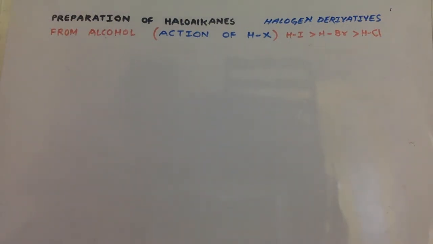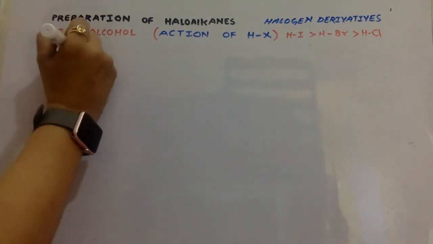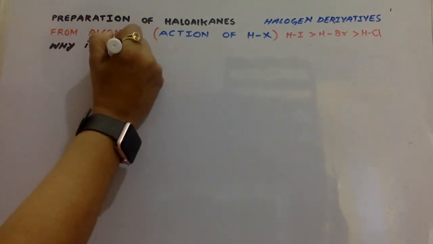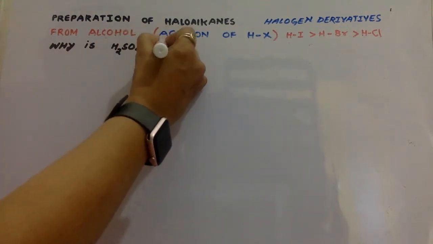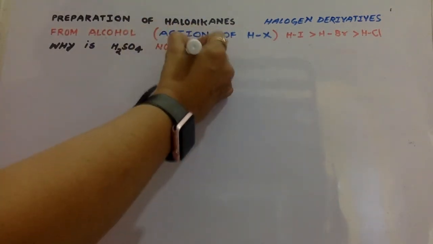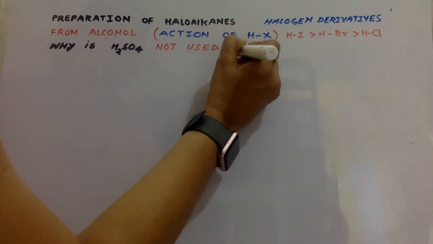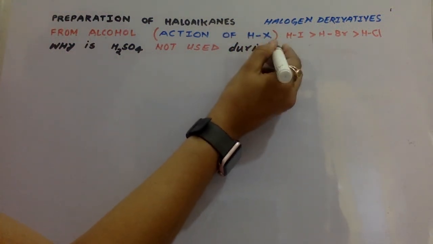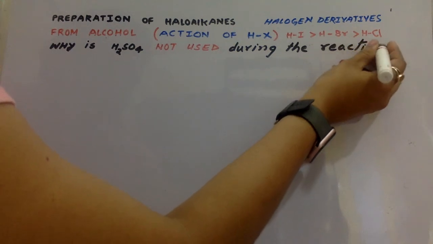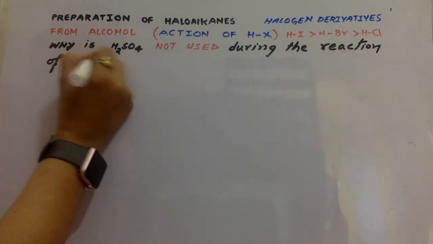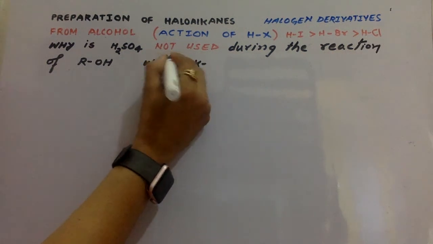And the question is, why is sulfuric acid not used during the reaction of alcohol with KI?